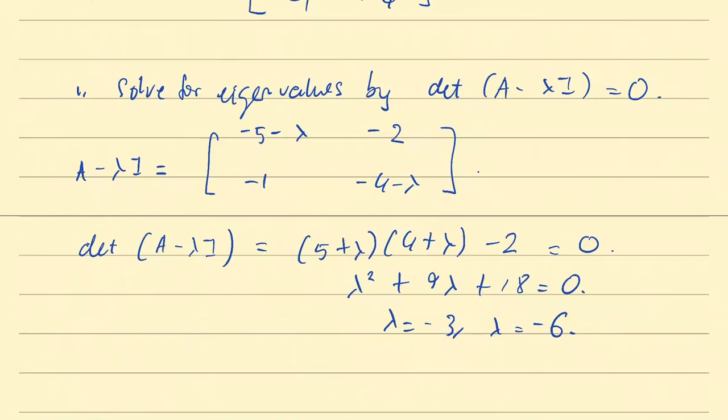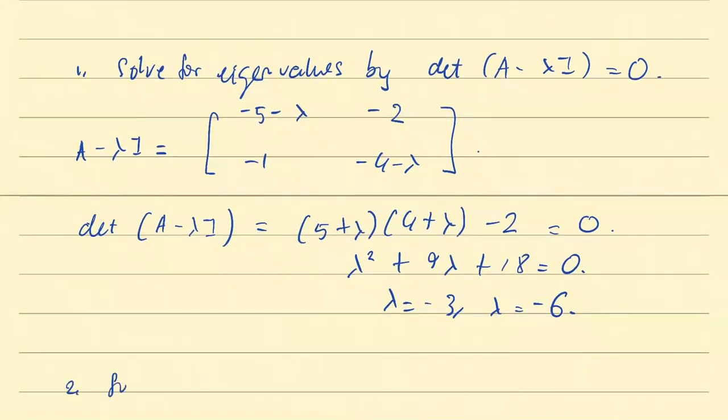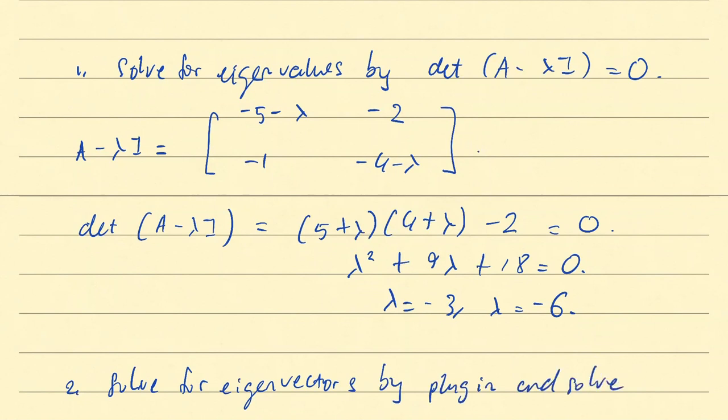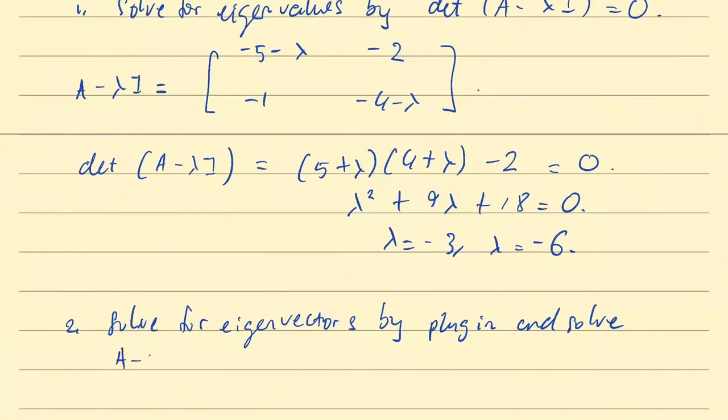Okay. So then you solve for eigenvectors by plugging in and solving A minus lambda I v equal to 0.